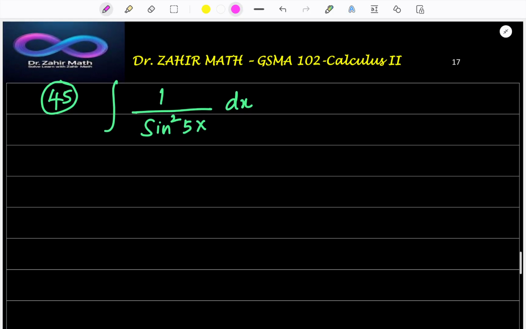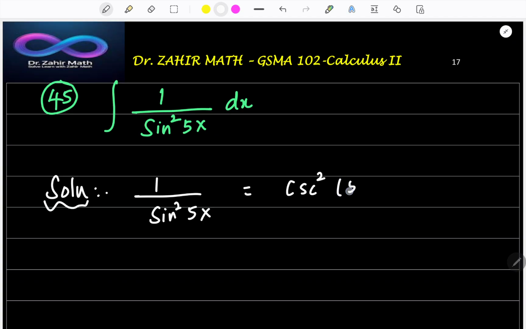The next question is 1 divided by sine square 5x. Again, 1 divided by sine square, we have a rule: cosecant square. So let's go to the solution. This is 1 divided by sine square 5x, which is equal to cosecant square 5x.